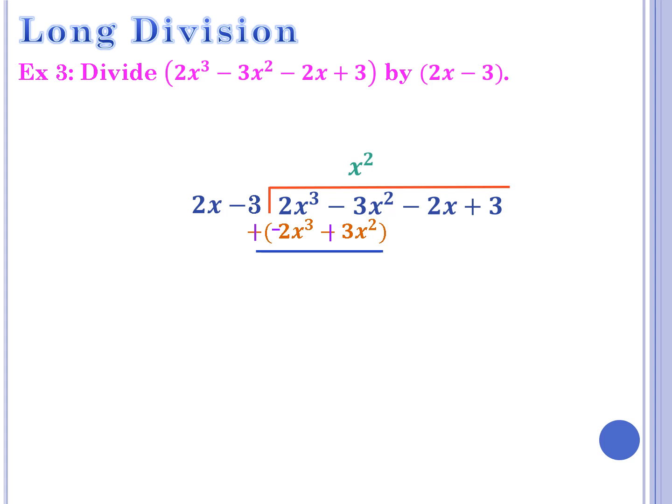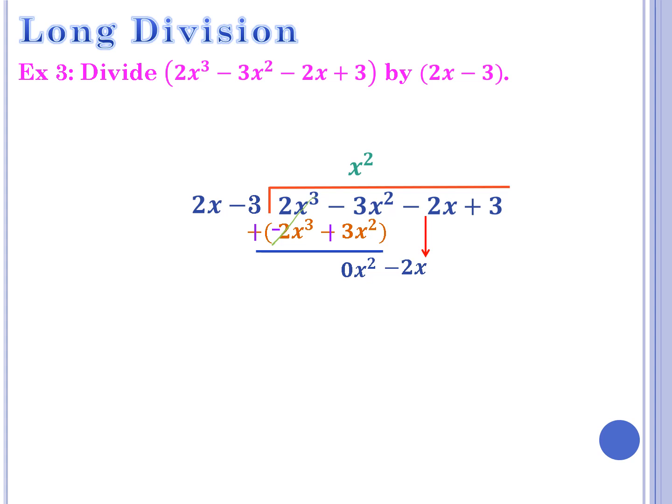Right here you notice that they both cancel out, but you're only allowed one cancellation per level. So what you want to do is leave that as 0x squared. Yes, they both cancel out, but you can only technically cancel the first term.